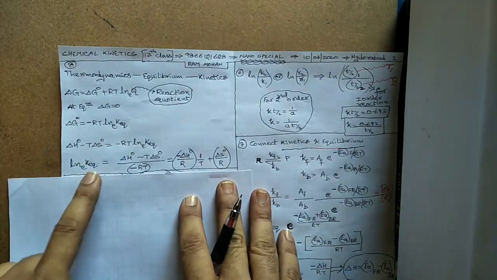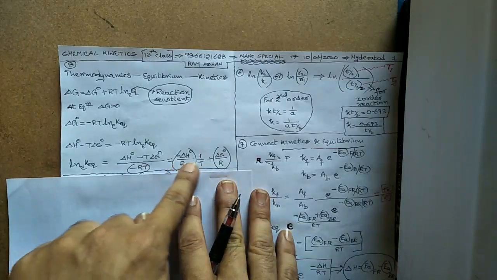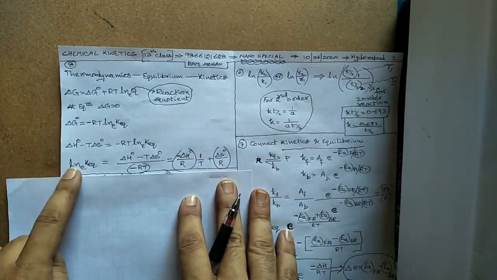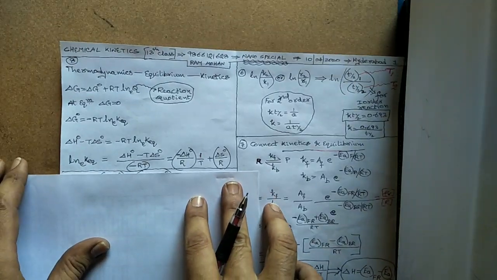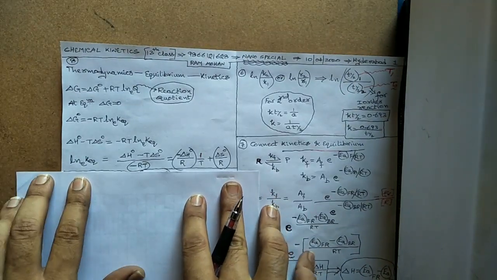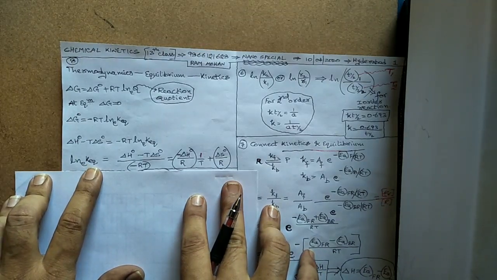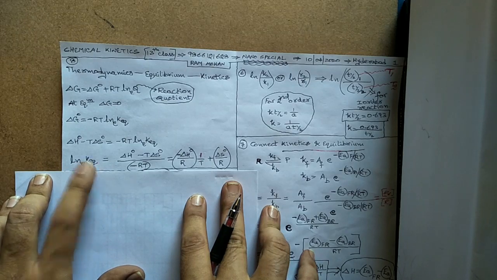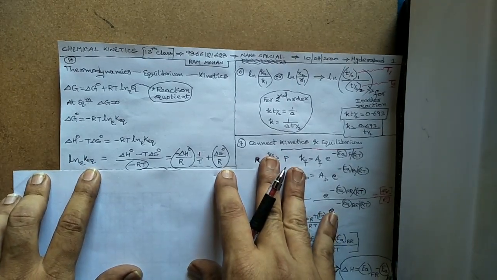So what did I get? Log K equilibrium to base E is equal to delta S naught by R plus of minus delta H naught by R into 1 by T. So that's what we get. But be careful, this is not rate constant. It is ratio of rate constant of forward reaction to backward reaction.